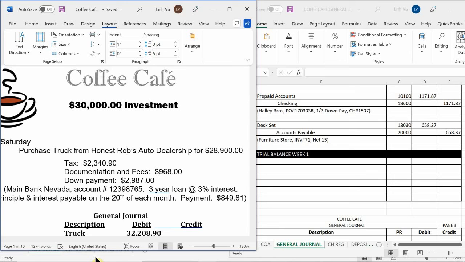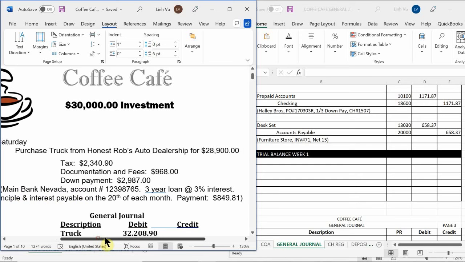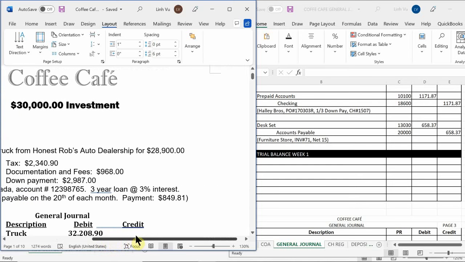And then, of course, upon making a payment and purchasing a truck, we also got approved for a loan from the Main Bank of Nevada, account number 12387987665. We got a 3-year loan at 3% interest, payable on the 20th of each month.